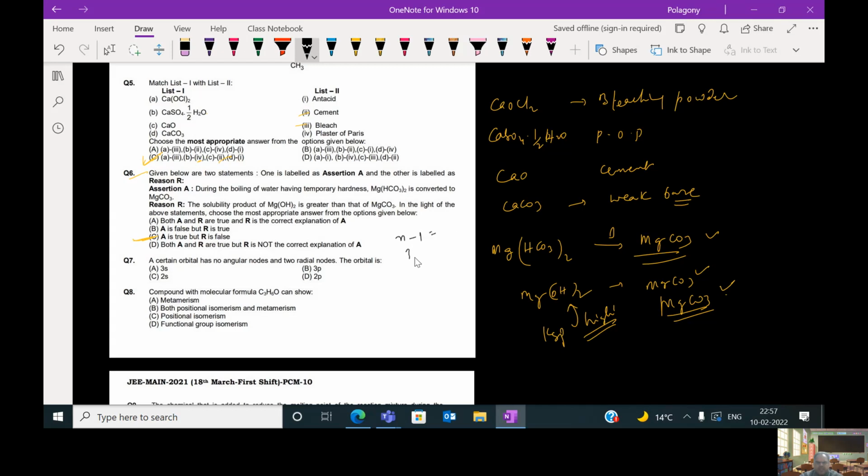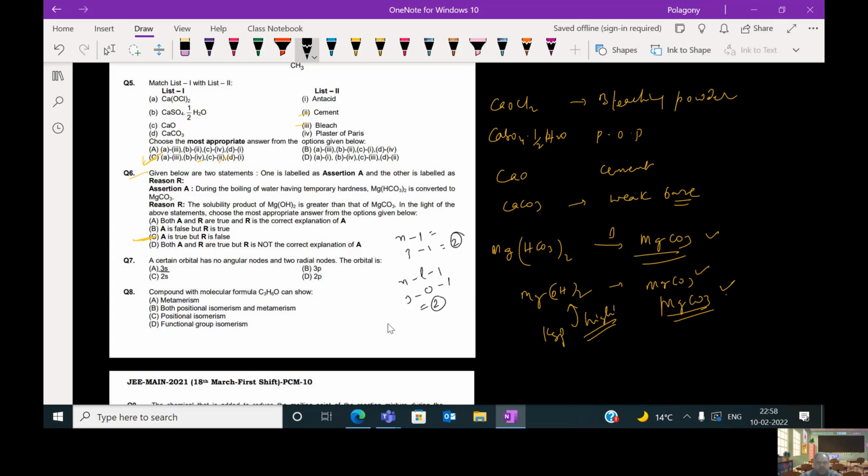For the 3s orbital, 3 minus 1 gives 2 total nodes. Radial nodes are n minus l minus 1. For s orbital, l is equal to 0, so 3 minus 0 minus 1 gives 2. That means the radial nodes are 2.